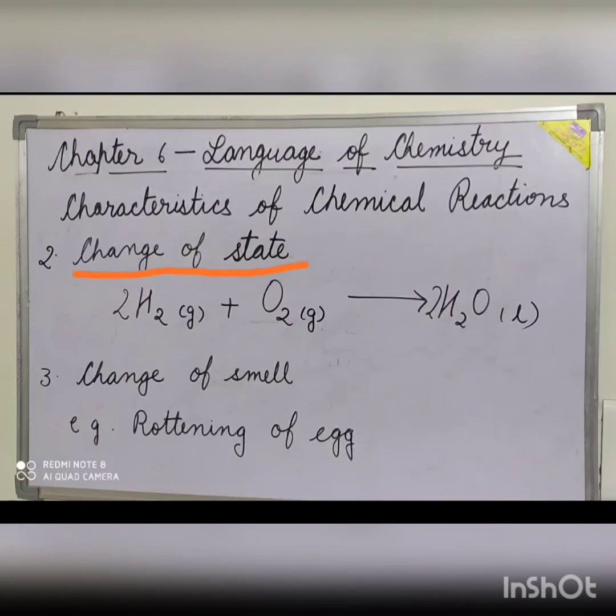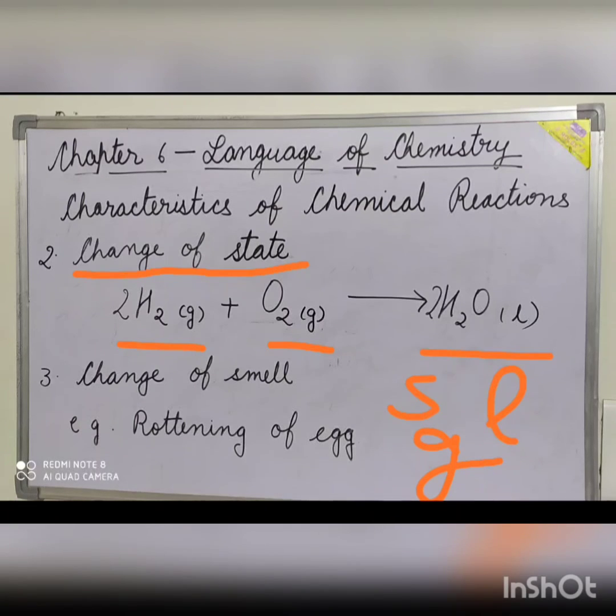For example, when hydrogen gas reacts with oxygen gas, water is formed, which is a liquid. The physical states of the reactants or products are represented by the symbols S for solid, L for liquid, and G for gas.